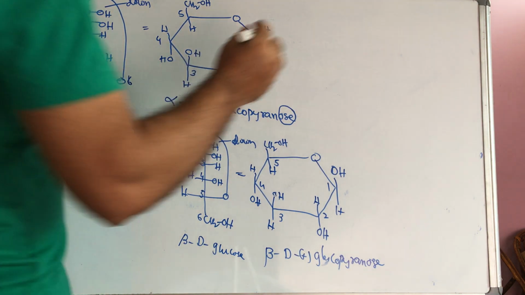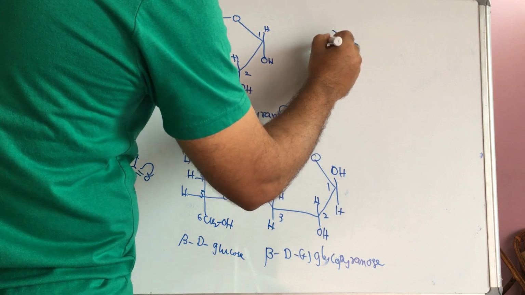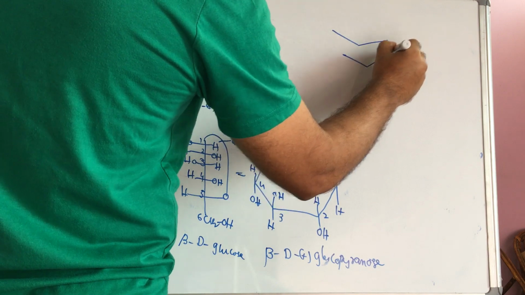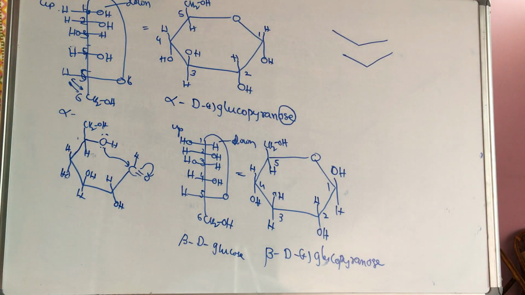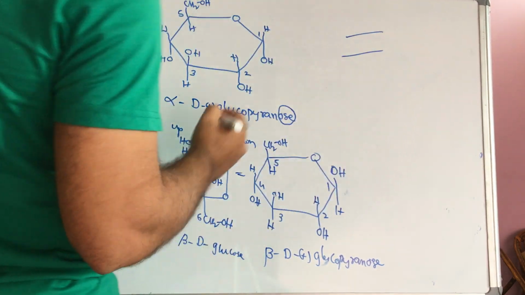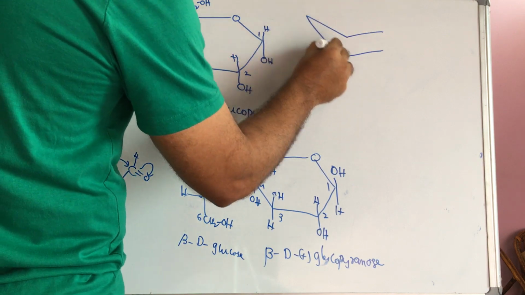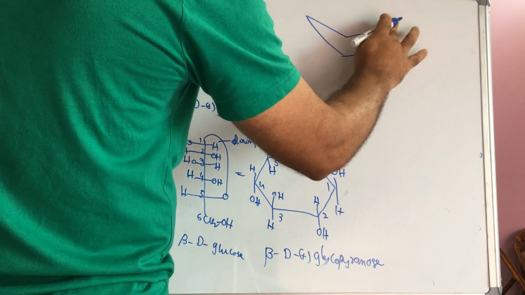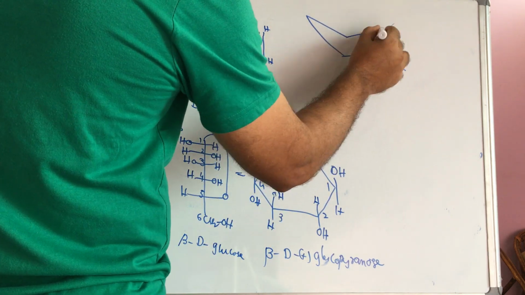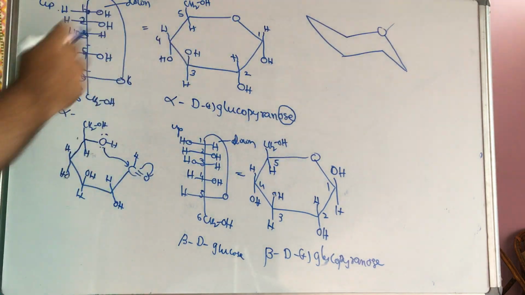In chair form, how to draw this chair form? Two parallel lines, unequal. This is like this. So this is oxygen, alpha form.